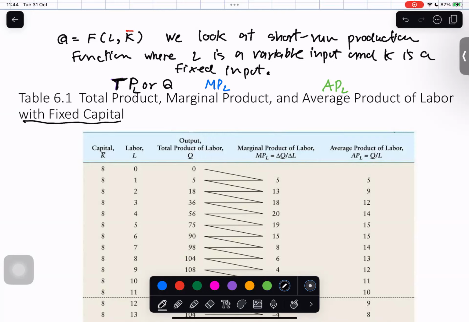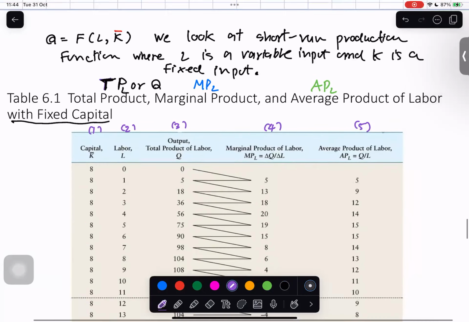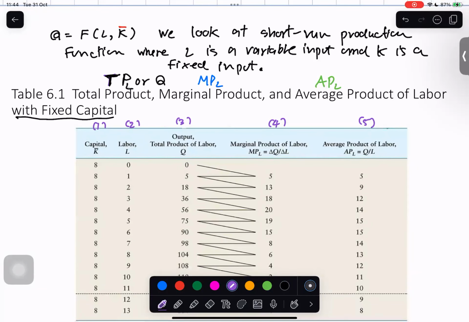Let's name the column first. Column 1, 2, 3, 4, and 5. Now it's you. What happened to number of cookies, column 3, when we use more workers?